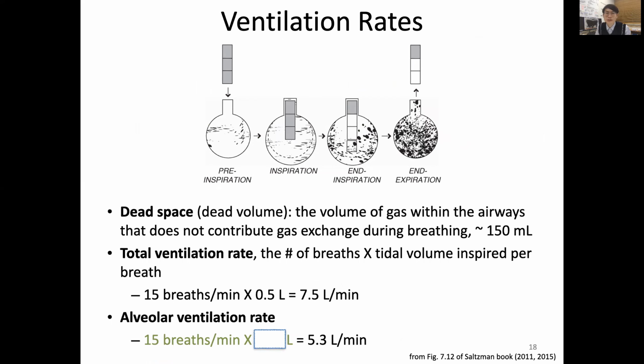Now, let's consider this ventilation event. Our lungs are composed of this conducting conduit and the actual business end where gas exchange is happening. This diagram shows clearly what's happening. Let's say these dark ones are oxygen-containing air when it goes down inside.